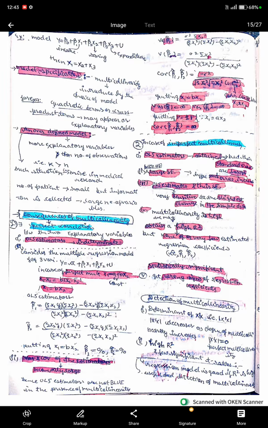Consequences of multicollinearity. First, perfect correlation. When there exists perfect correlation between two explanatory variables, first, Euler's estimators are indeterminate.